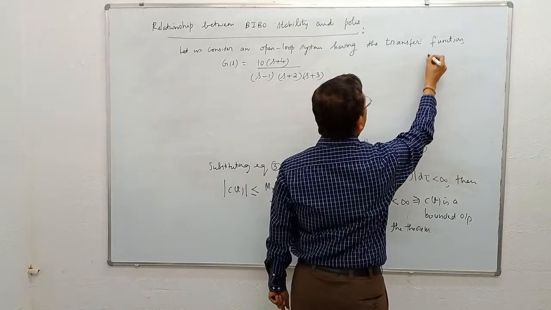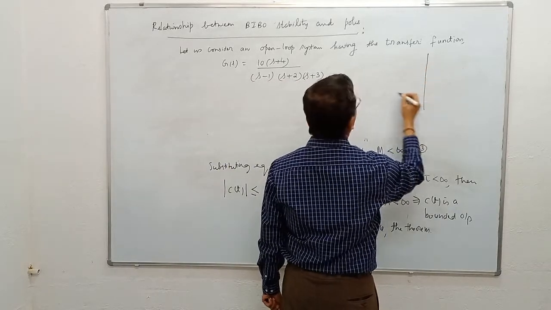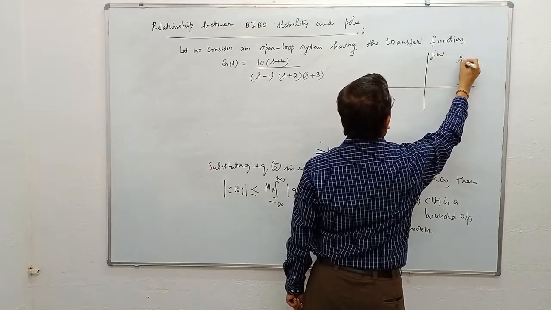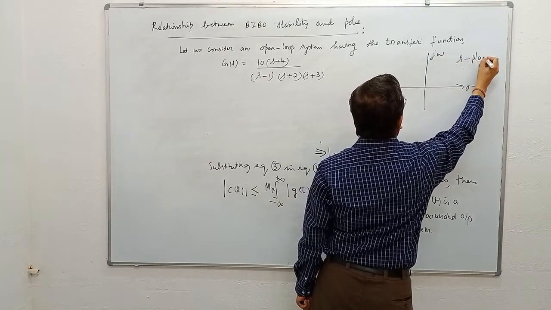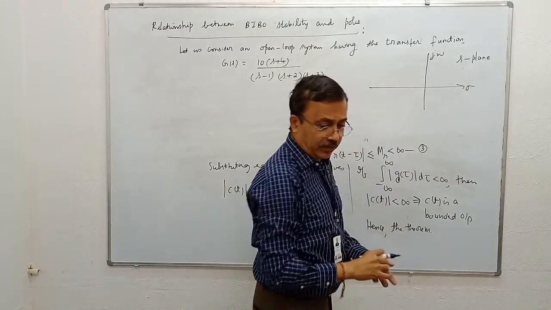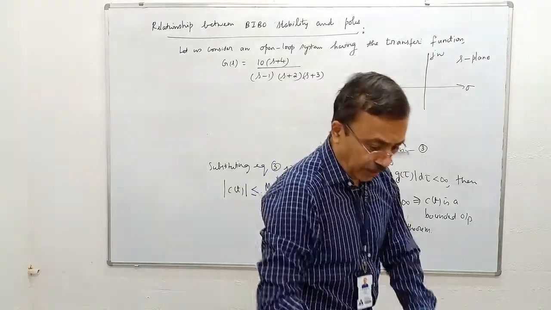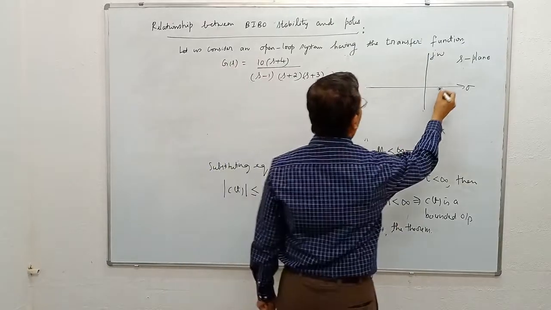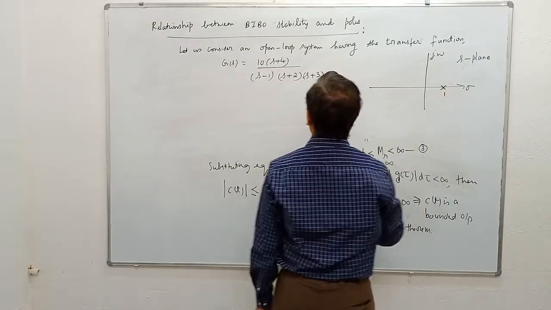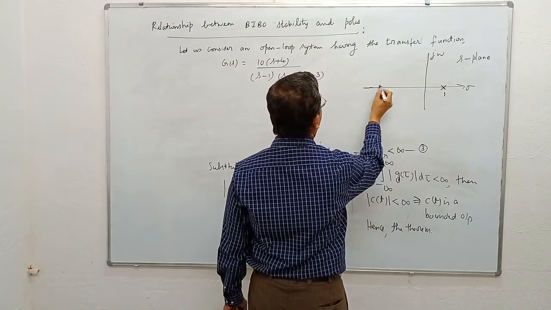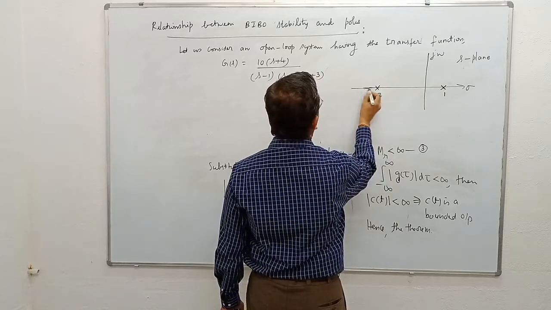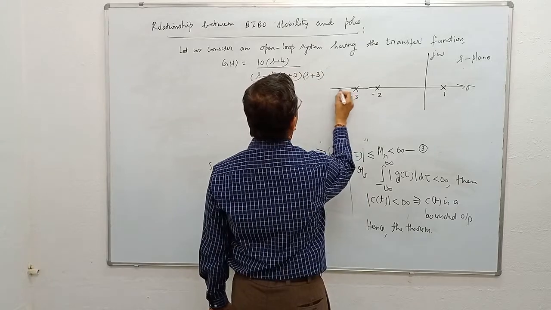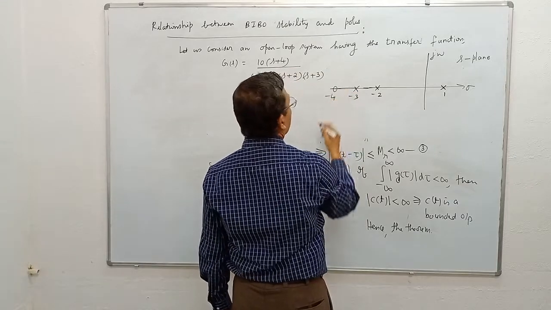The poles of G(s)H(s), the poles of G(s), I shall plot in the s plane. The s plane is a complex plane having real axis sigma and imaginary axis j omega. We have a pole at s equal to 1, a pole at s equal to minus 2, a pole at s equal to minus 3, and a zero at s equal to minus 4.